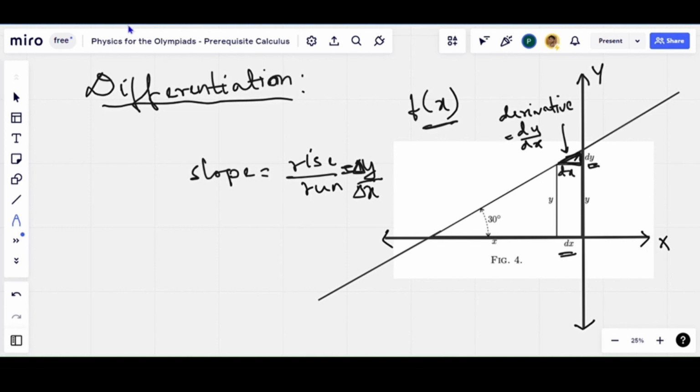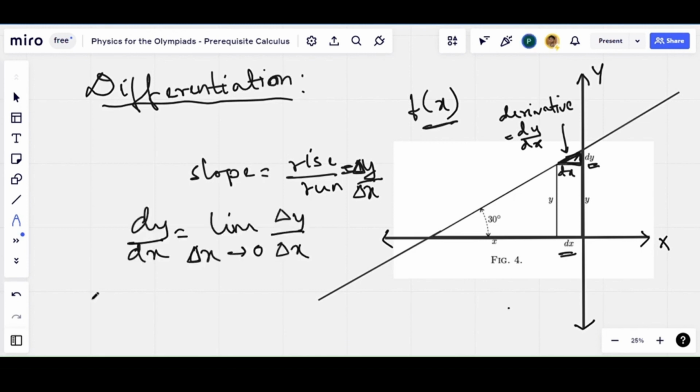The derivative is indeed the true slope of the function. So the derivative can be written as the limit of the change in y divided by the change in x, as the change in x goes to 0, that is, the change in x becomes increasingly small.